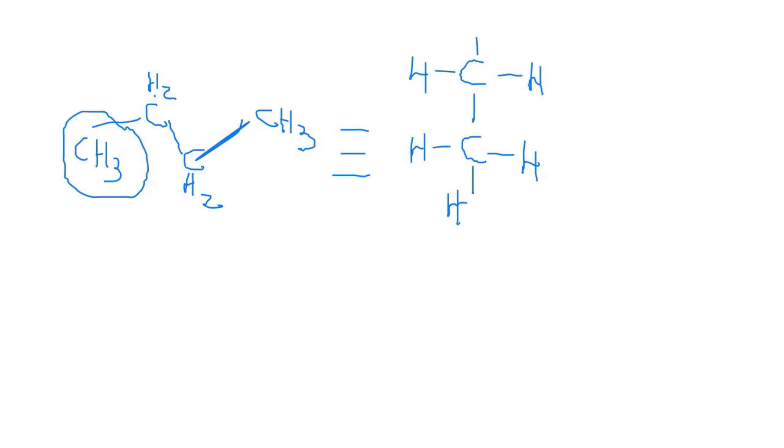And then we do the same thing. I don't have more room, but the carbon has to have 4. So what I will do is another CH2. These 2 are these two. And then, instead of writing CH3, I write it this way.